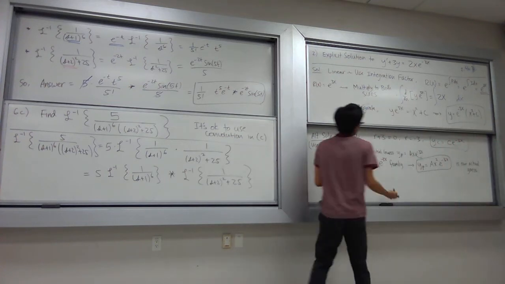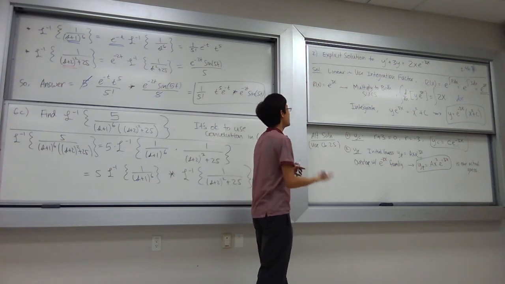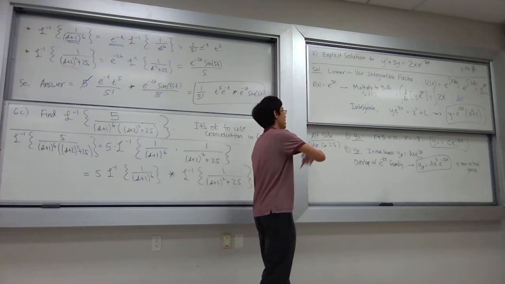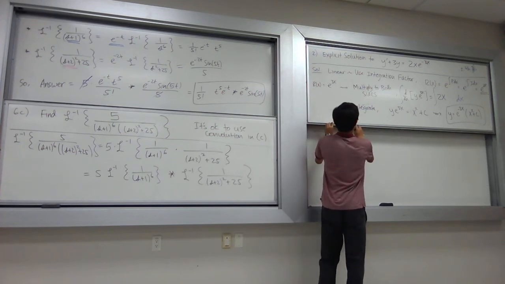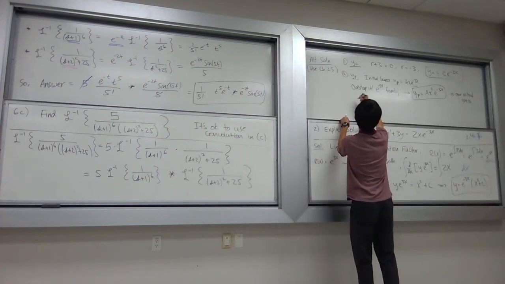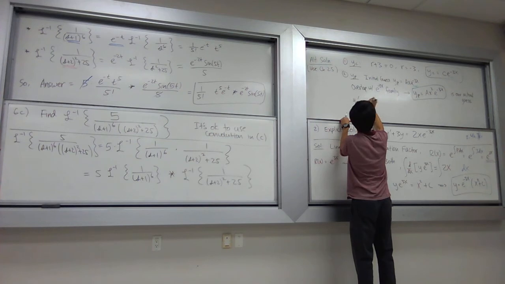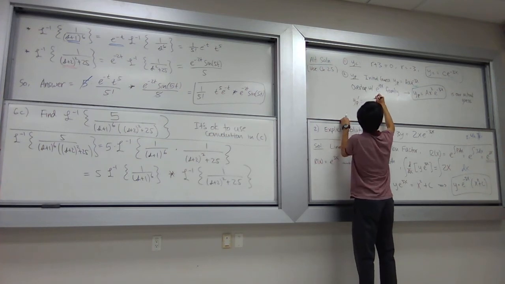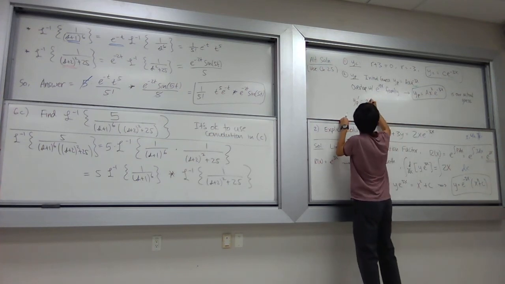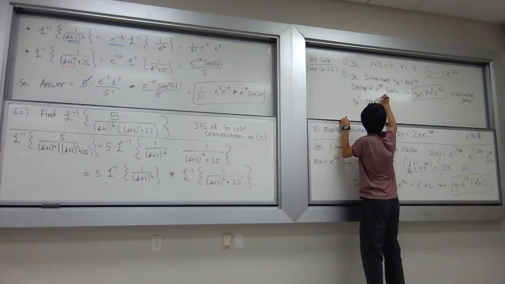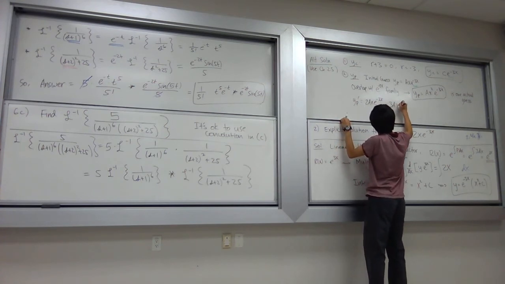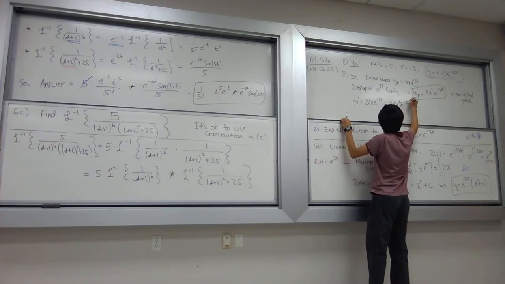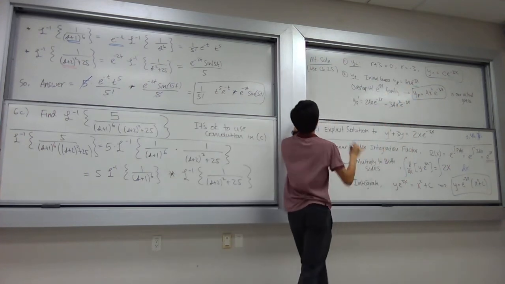Then do the same thing you would do before. Plug that into your equation. Find the derivative and plug it in. Let's do the derivative quickly. yp prime, there's a product rule here: 2ax e to the negative 3x, and then minus 3a x squared e to the negative 3x. That's our derivative.